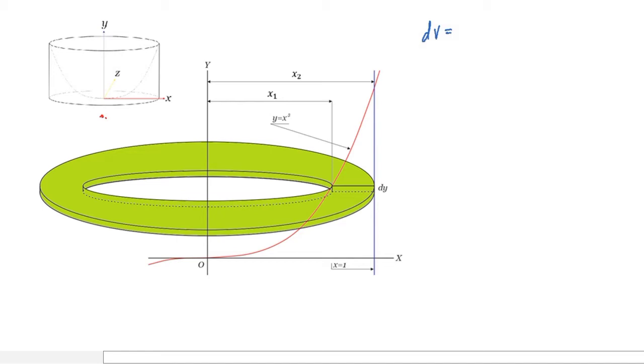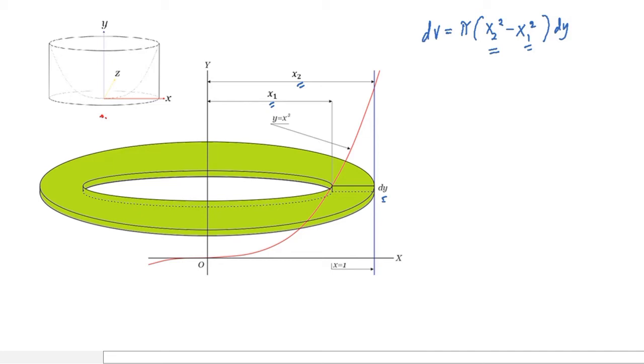So in this case, we have the area multiplied by the thickness. So since we have here the common pi, and that would be the x sub 2 squared minus the x sub 1 squared. Always po nating tatandaan na ito yung mas malaking radius and ito yung mas maliit na radius, yung hollow na part. And of course, multiply by the thickness, which is the dy.